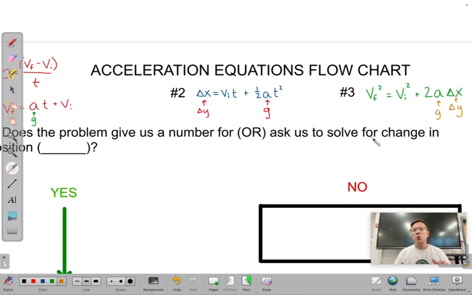Similarly, if we have a horizontal acceleration, that's a number that we will either have to solve for or it's going to be given to us, and that would be the letter a here. But if something is in free fall, meaning that it's in the air and the only force acting on it is gravity, then it will accelerate at a rate caused by gravity, and we call that the acceleration due to gravity, and that is this little letter g here.